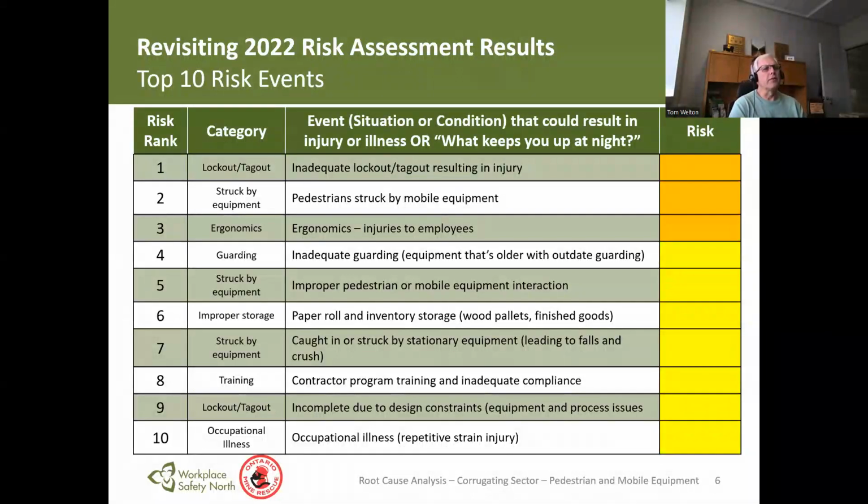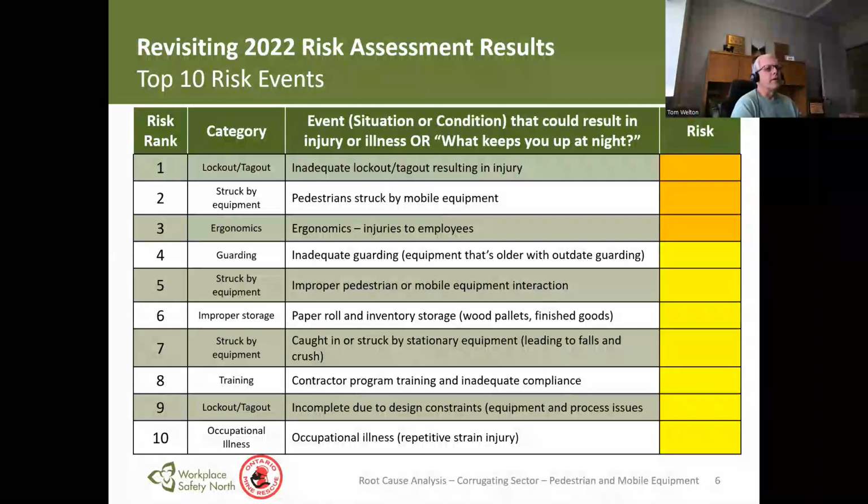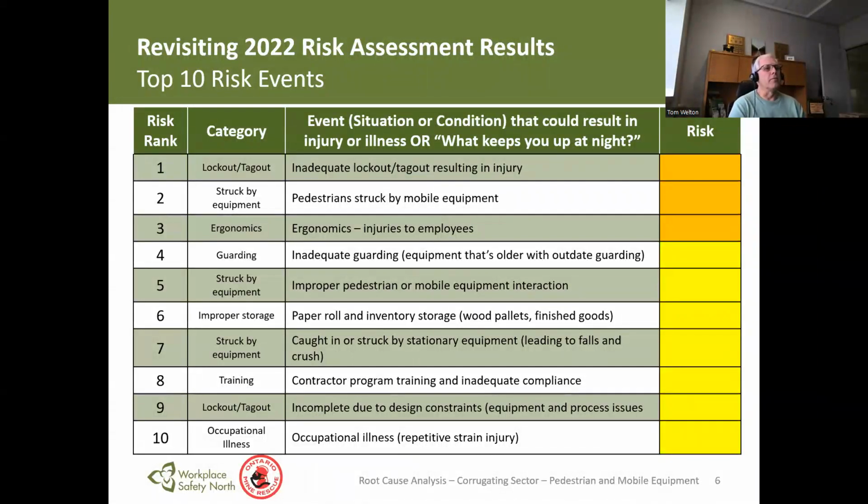The other area of concern that was really focused in on by the working group was that there are 3 struck by equipment categories that came up in the top 10. And I'll explain a bit more on the next slide why we selected pedestrian struck by mobile equipment as our primary risk that we wanted to do a root cause analysis on.